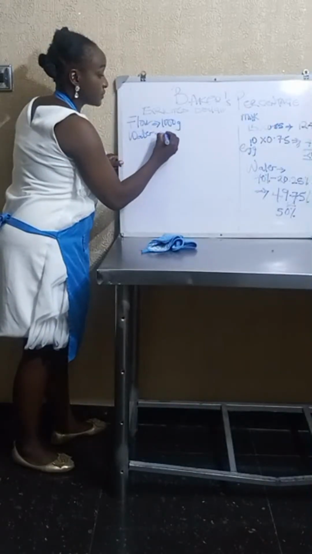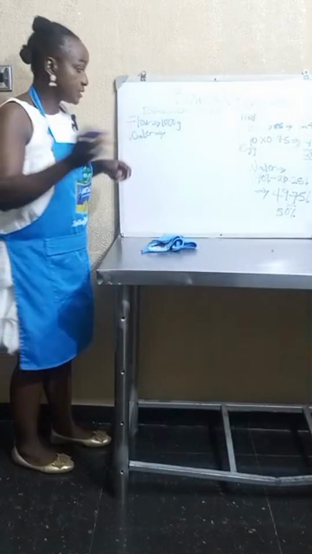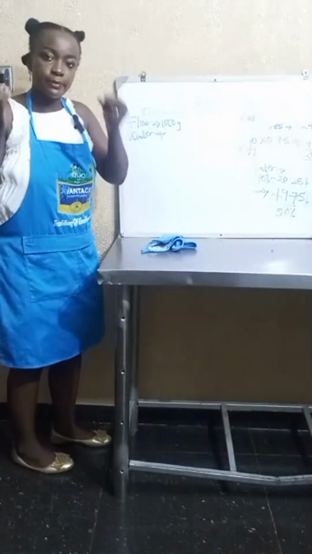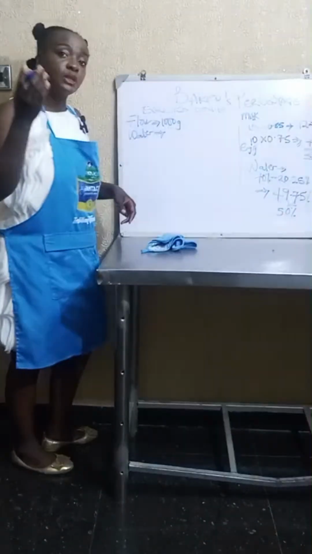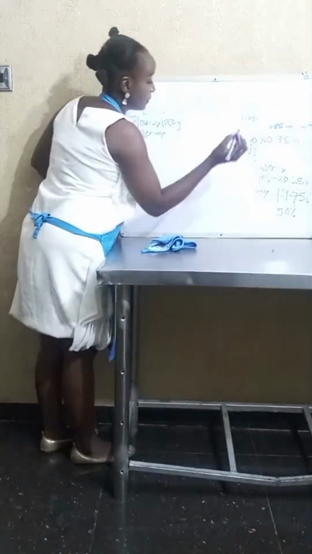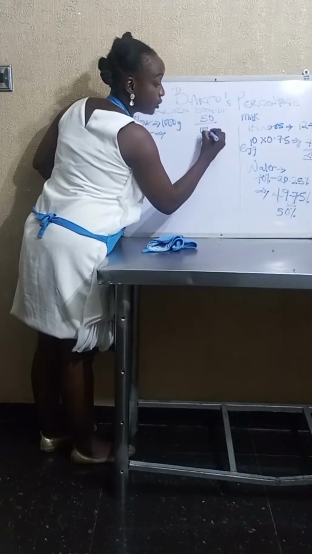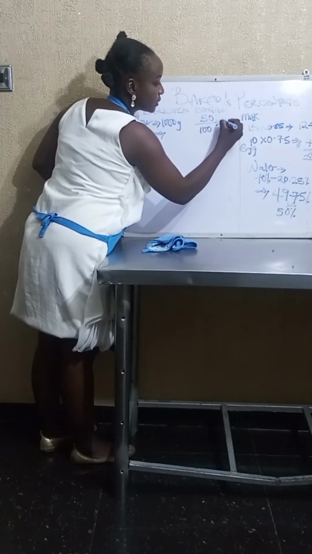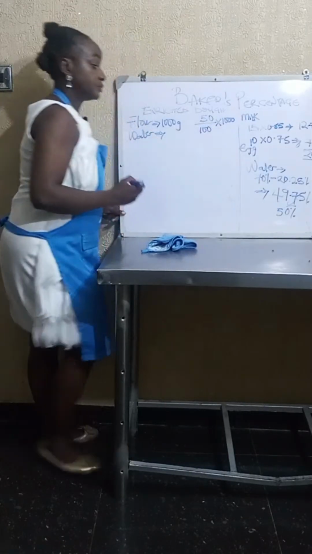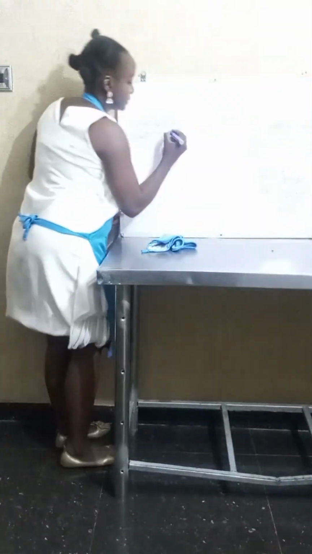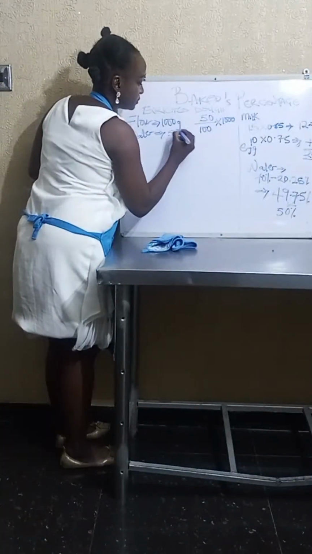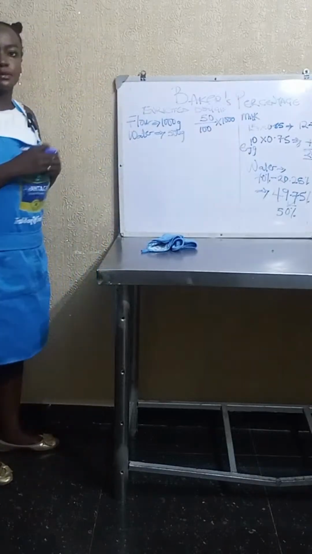Supposed to be 50%. So how do we get the metrics for the particular gram of water? Remember, what we need to do is say, okay, 50 divided by 100 times 1,000. That gives us 500 grams, right? Our water is 500 grams.